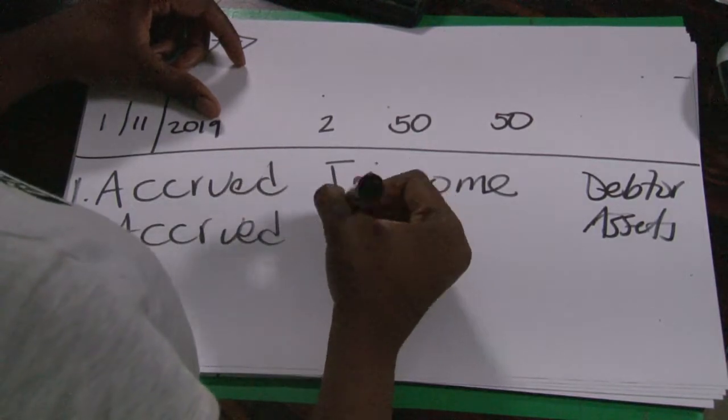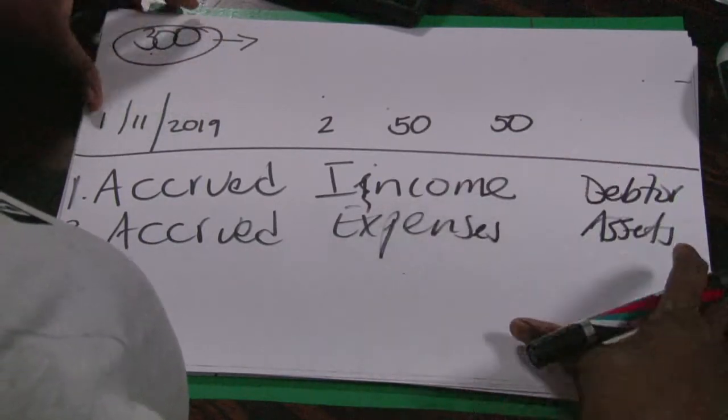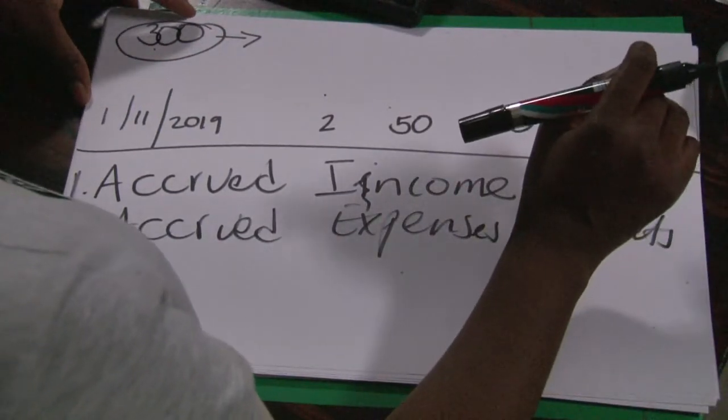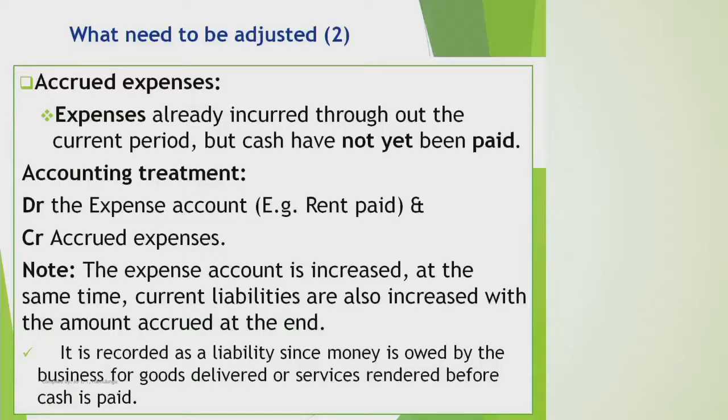Accrued expenses. What are accrued expenses? Accrued expenses is a liability. Why? Because it is recorded as a liability since money is owed by the business for goods delivered or services rendered before cash is paid. Let's say, for example, your business was given some items on credit, or maybe a supplier came to your business to fix something, but you haven't paid the supplier yet.